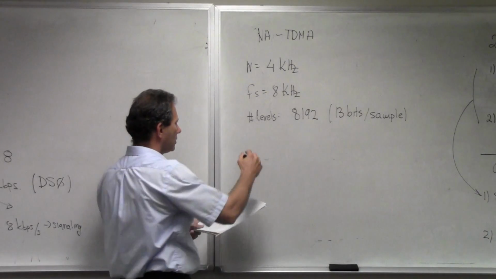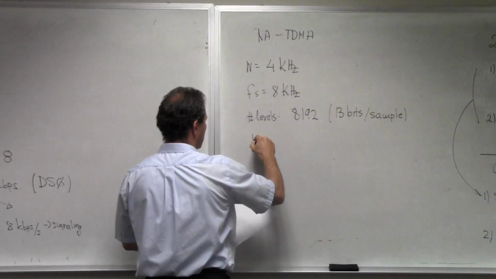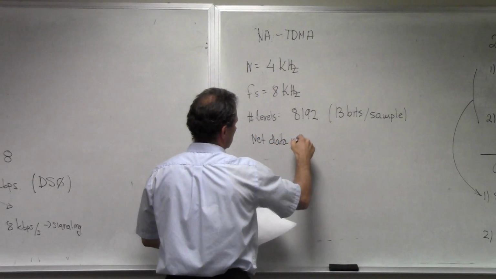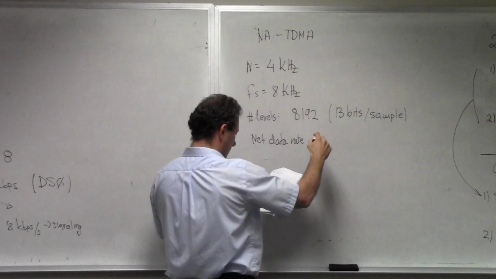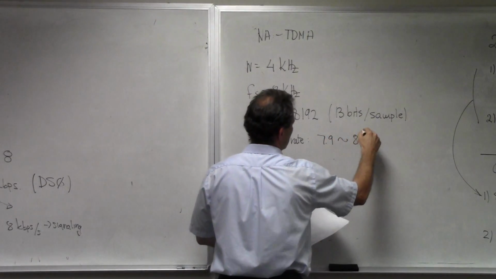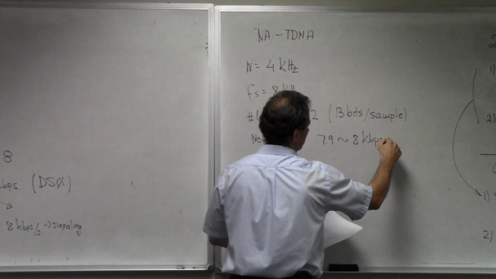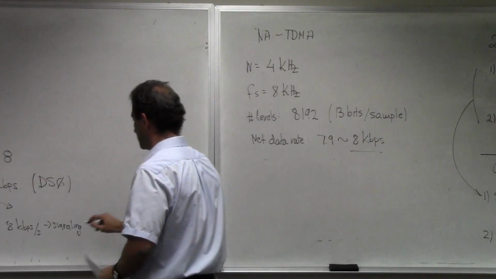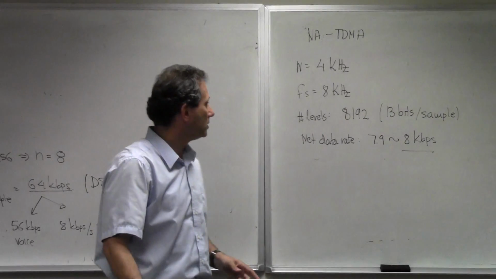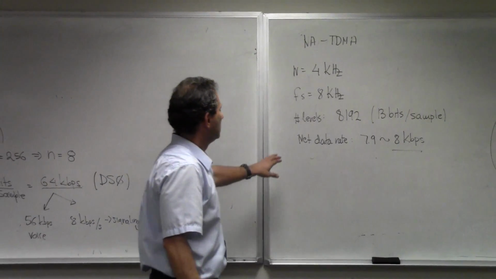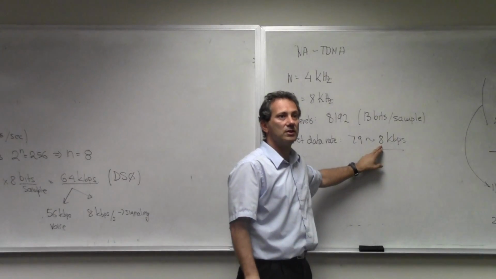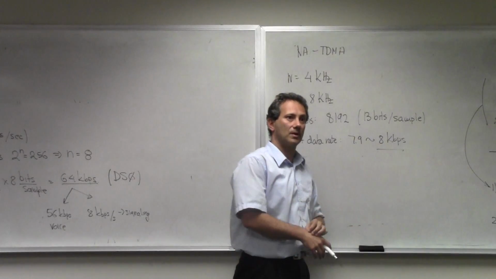And what the vocoder would give is a net data rate of 7.9, roughly 8 kilobits per second. Now compare this and this. By using vector quantization, this vocoder is able to compress your voice signal 8 times.